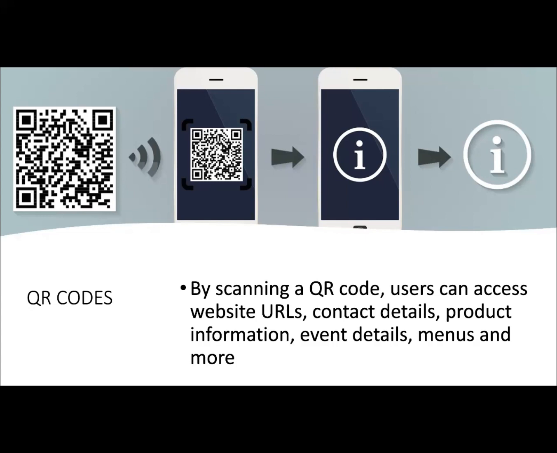And more recently, because of the pandemic, you may have seen QR codes when you are at a restaurant. So during the pandemic, people didn't want to keep reusing the menu because at restaurants they don't really clean the menu.